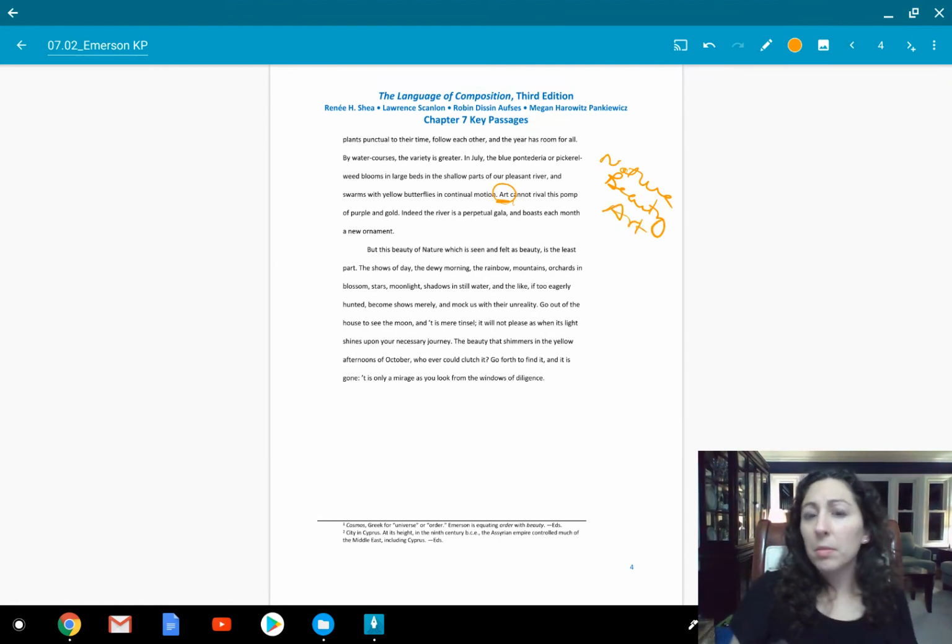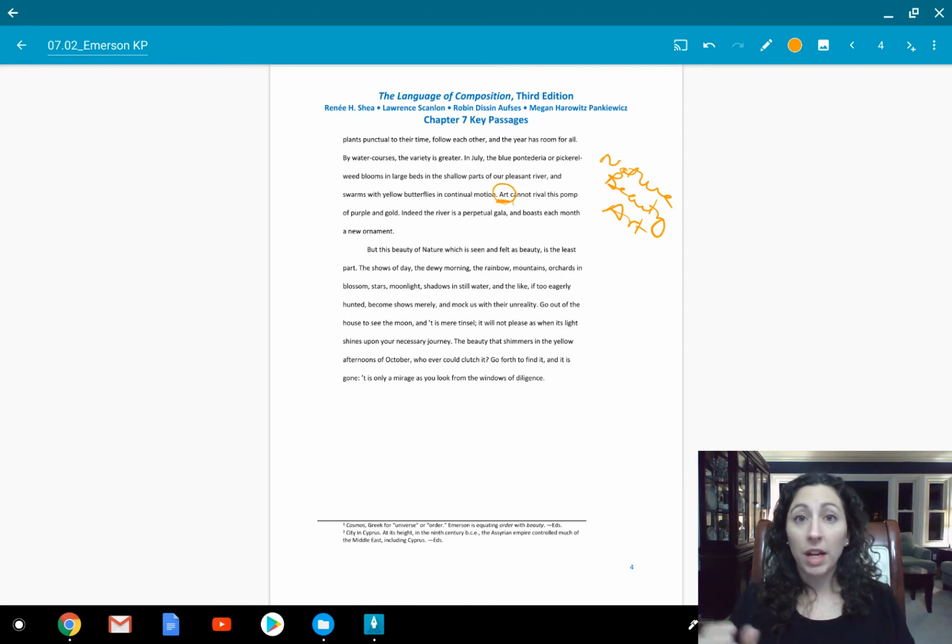So that might be something to go back to, right? And to look at how he connects those three very abstract concepts, how they are related, and what relationship he sees between them. So that's a good thing to take a look at.